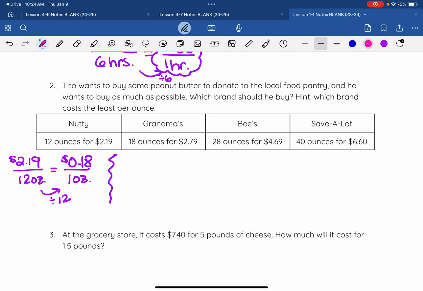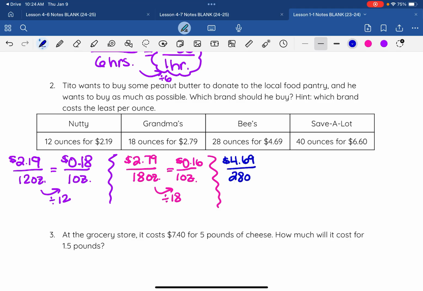For Grandma's, I would have $2.79 for 18 ounces. I would want to find out how much for 1 ounce, so I would divide by 18. And that would give me 16 cents per ounce. For Bees, I would have $4.69 for 28 ounces.